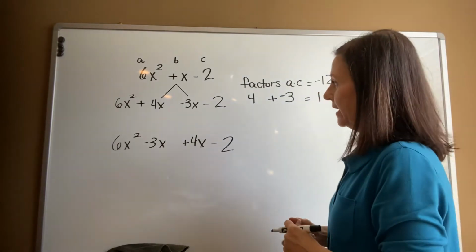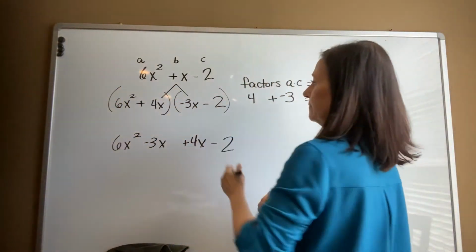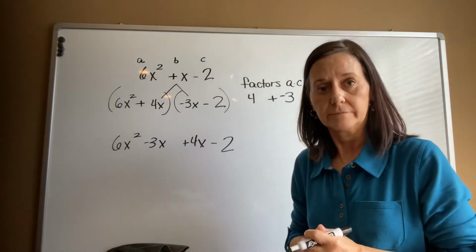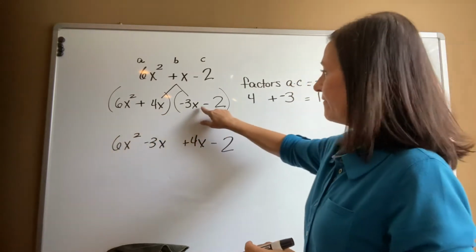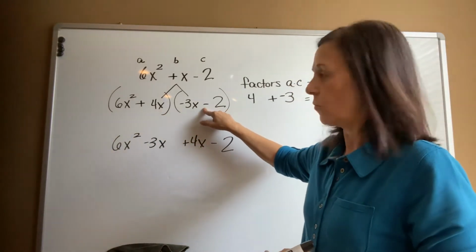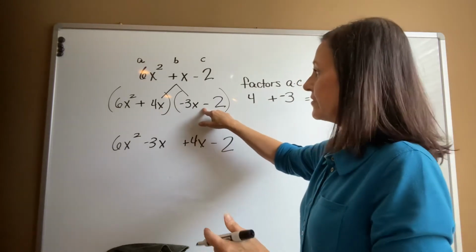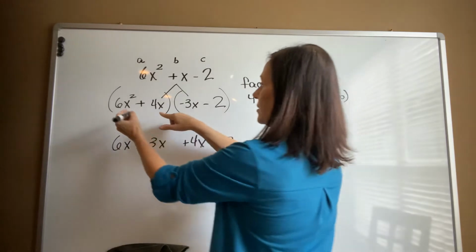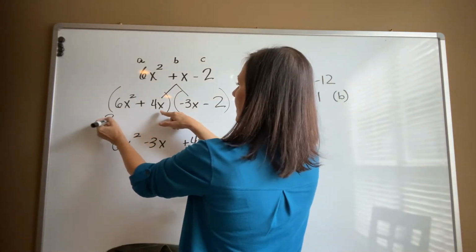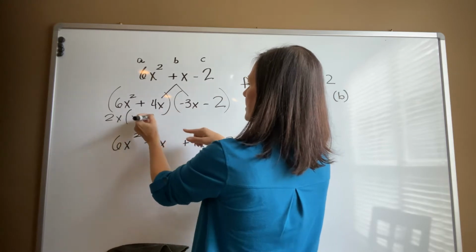All right? And I'm going to group the terms and see what I can factor out. Well, I can factor out a 2x here, and I'm left with x plus 2.